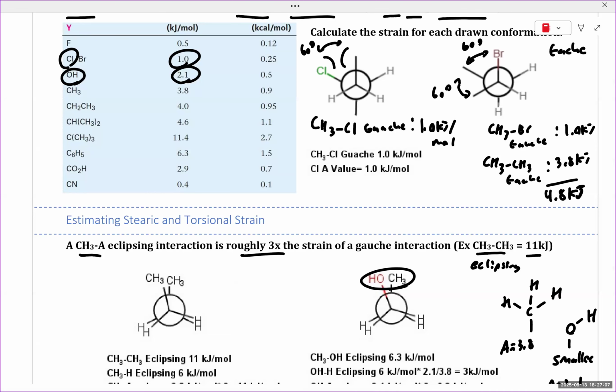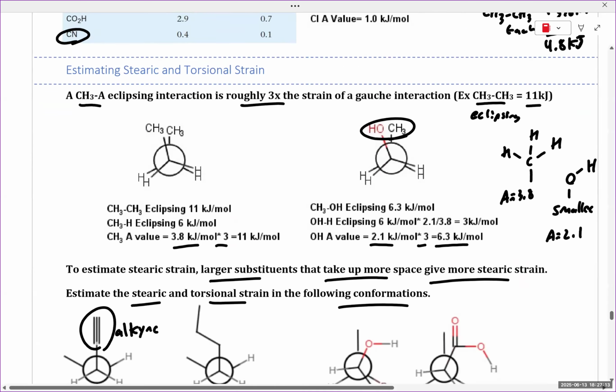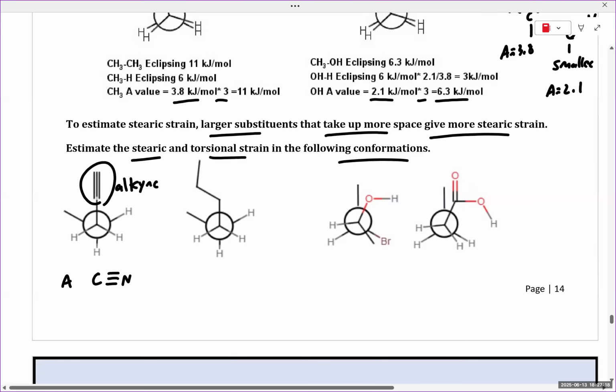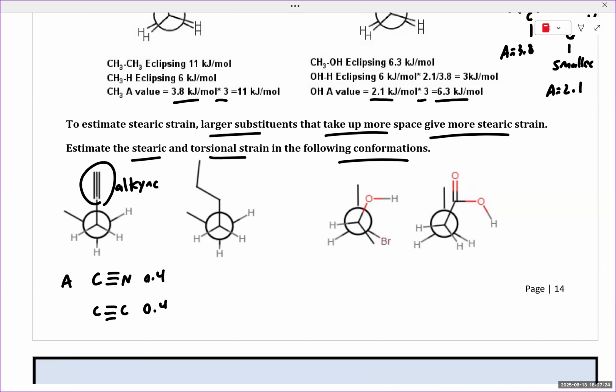So we don't have one exactly for the alkyne, but we see a nitrile there. And we know that a nitrile, which looks like this, has an A value of about 0.4. So an alkyne, which looks like this, is probably going to have an A value pretty close to 0.4.